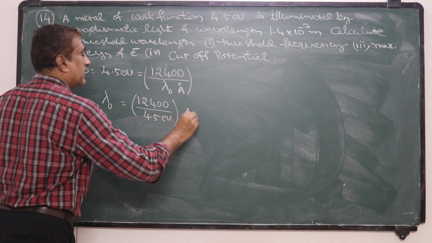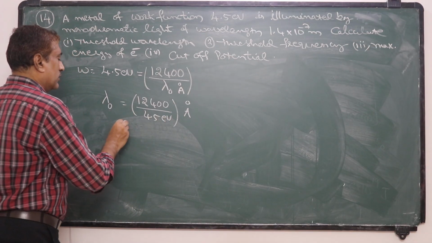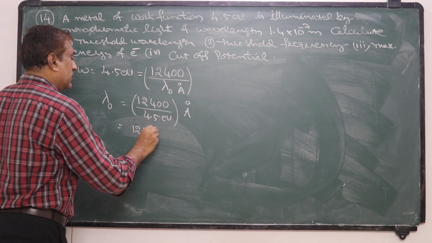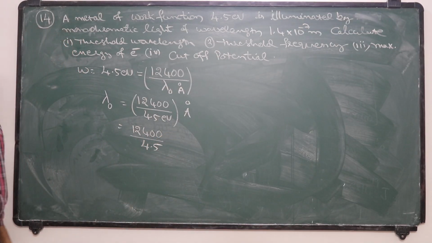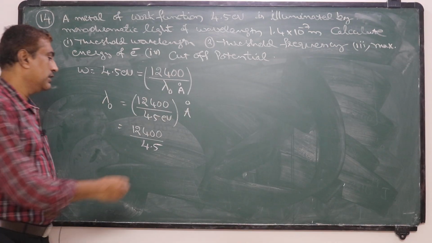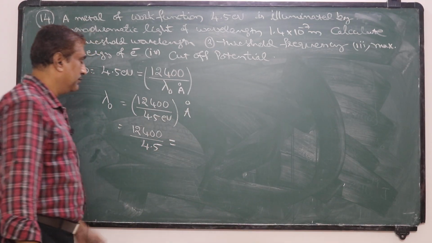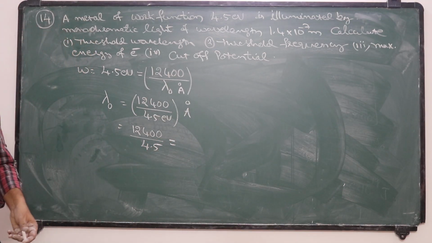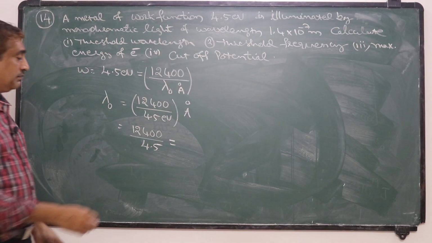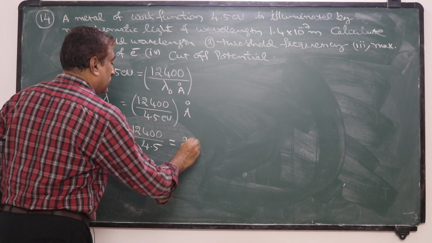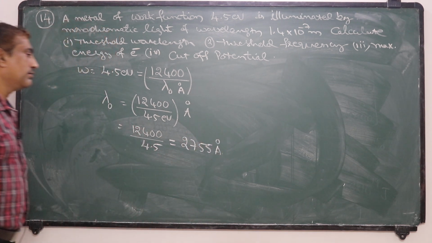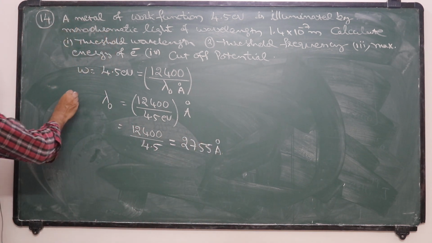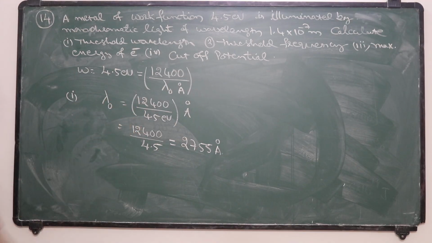You get the answer in Angstrom. So this is equal to 12400 by 4.5, which is approximately 2755 Angstrom. Okay, the first one is threshold wavelength.